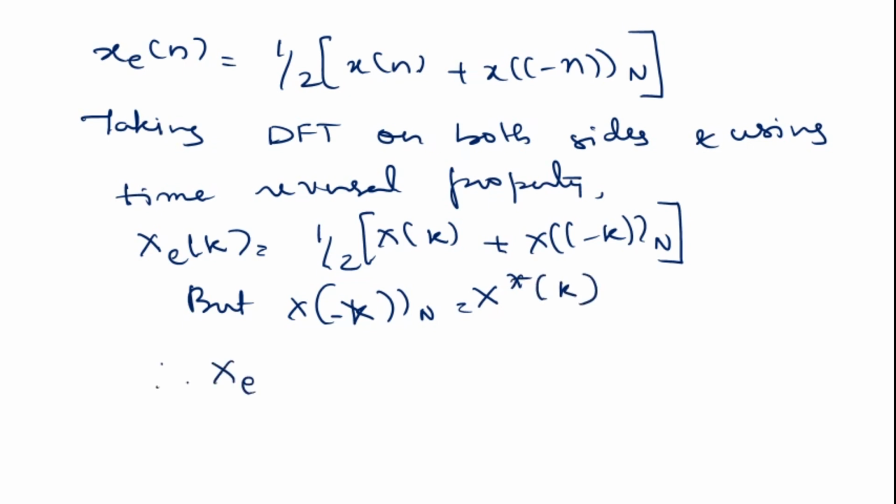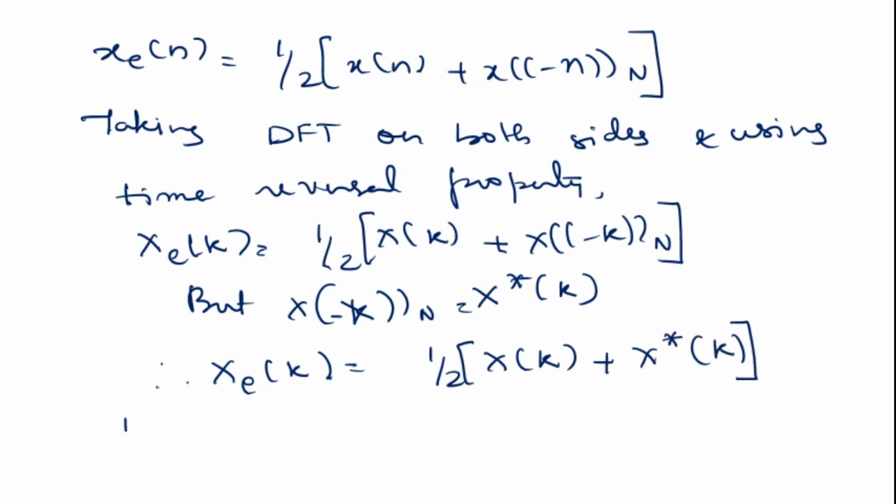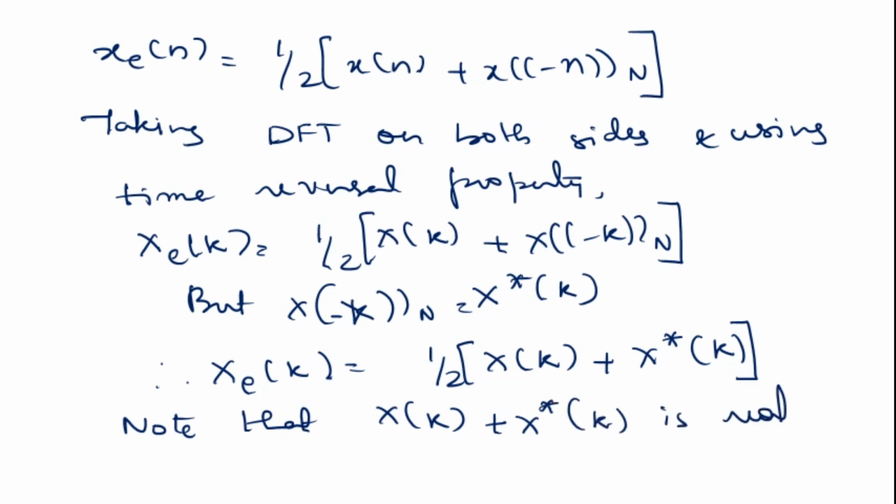Therefore, X e of k is equal to half into X of k plus X star of k. Note that X of k plus X star of k is real, therefore X e of k is also real.